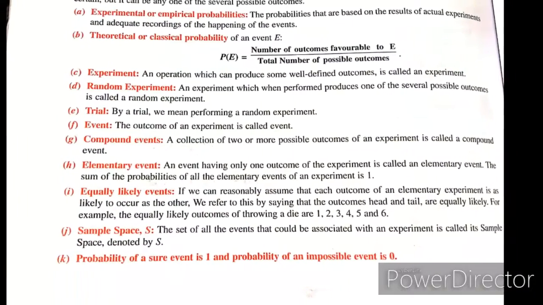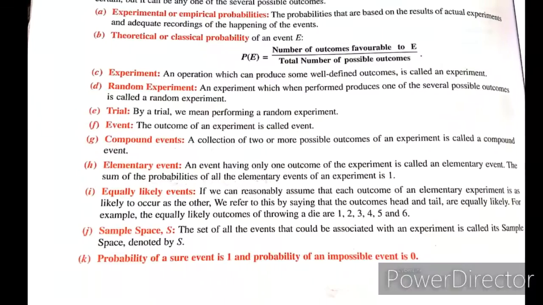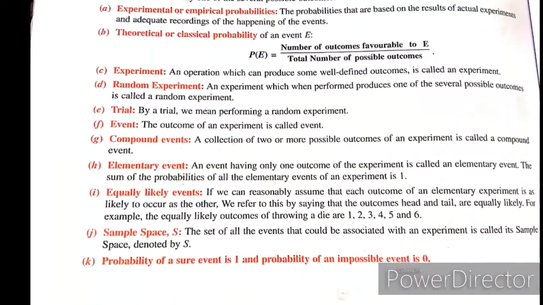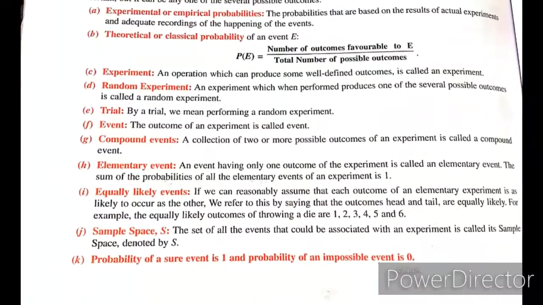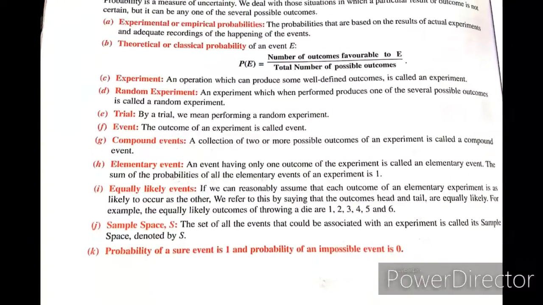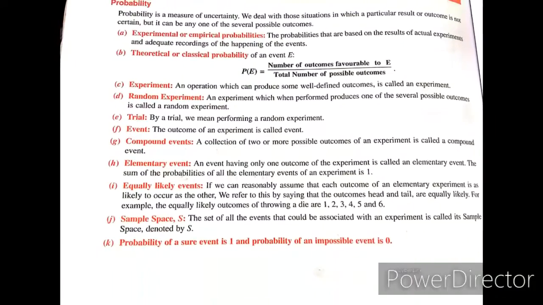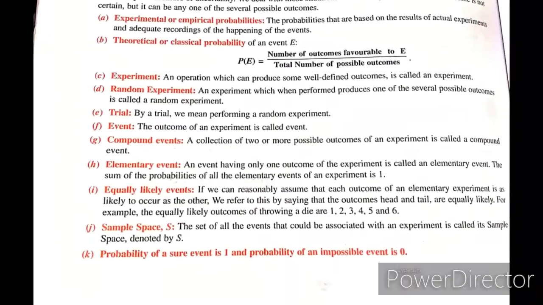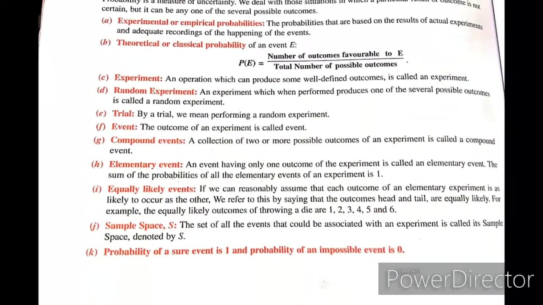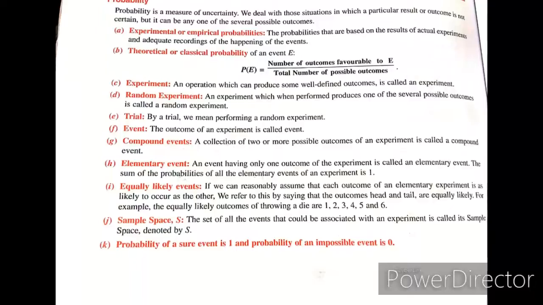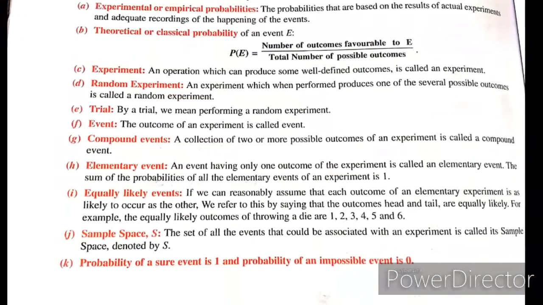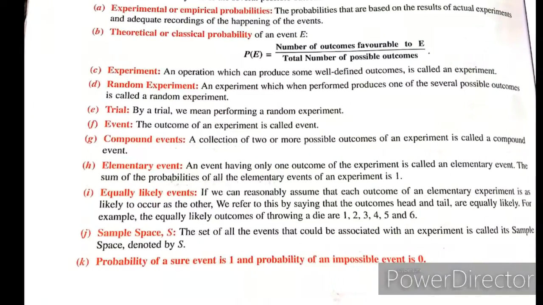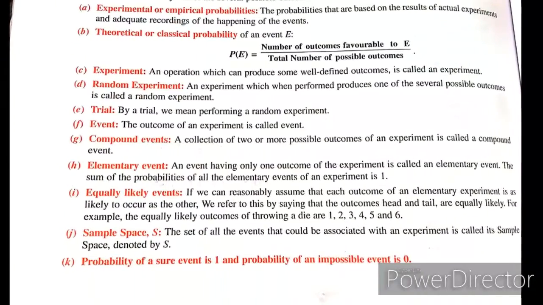And if we collect some of these outcomes or all of these outcomes which are kept in a sample space, then it is called an event. An event is a subset of the sample space. Subset means it is a set, or a group of events from the sample space.